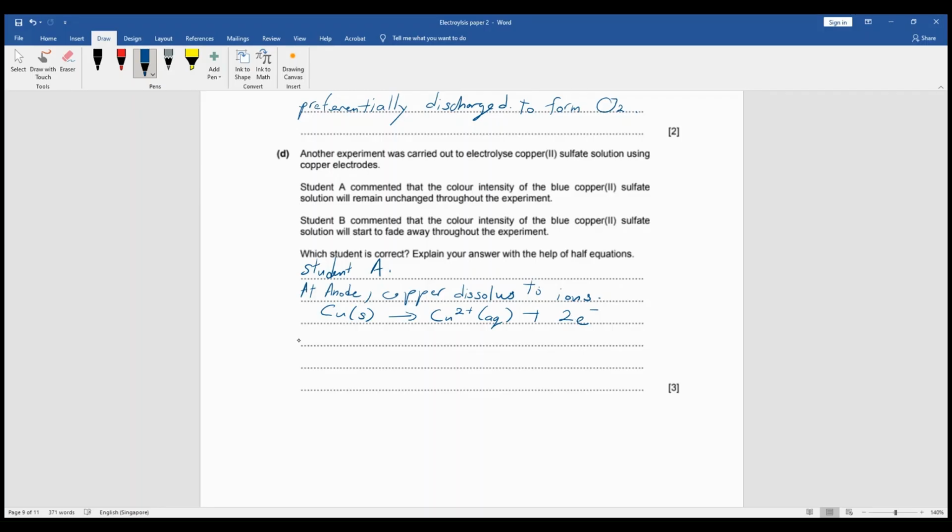Then at the cathode, copper ions are discharged and copper is deposited on the cathode.